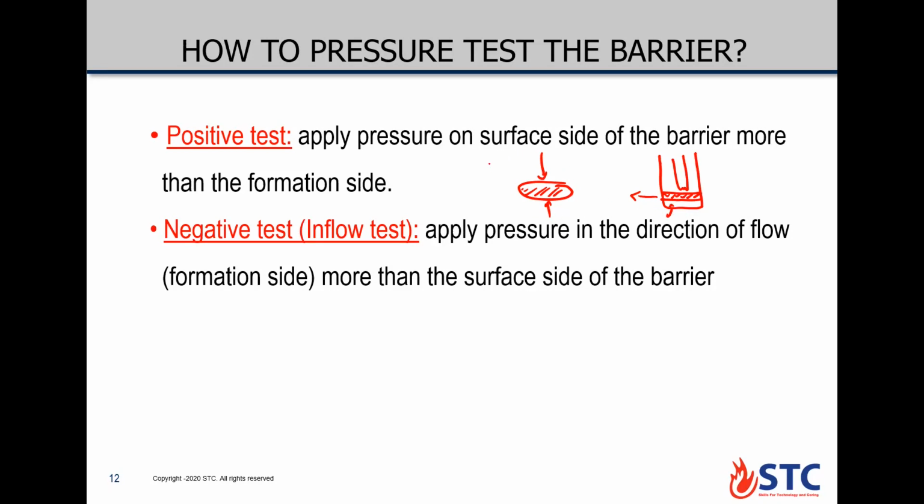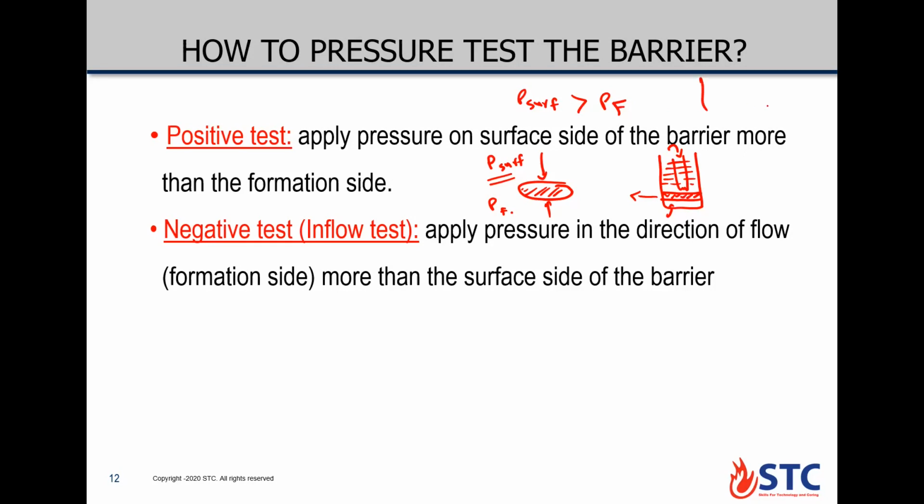For the positive pressure test, we allow the pressure from the surface side to be larger than the pressure from the formation side. So we apply pressure from the drill pipe side, the surface side of the cement block, applying more pressure from the surface side.